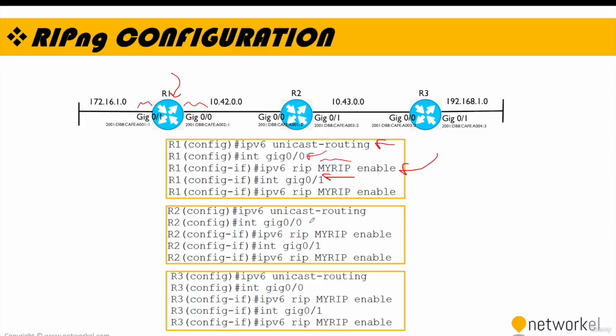That is the command. For router 2, again you need to enable the unicast routing, go to the interface level, gig 0/0 and gig 0/1, and then run IPv6 RIP, the name, and type enable. That's it.